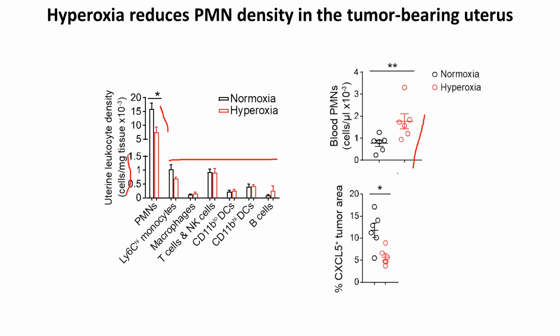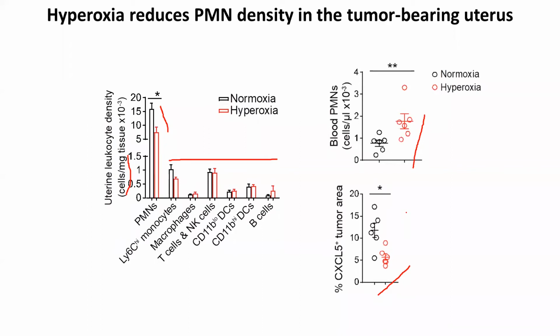Consistent with this process, we found that hyperoxia reduced the production of CXCL5 by the epithelial tumor cells, which reflects a defect in the PMN recruitment in the tumor-bearing uterus.